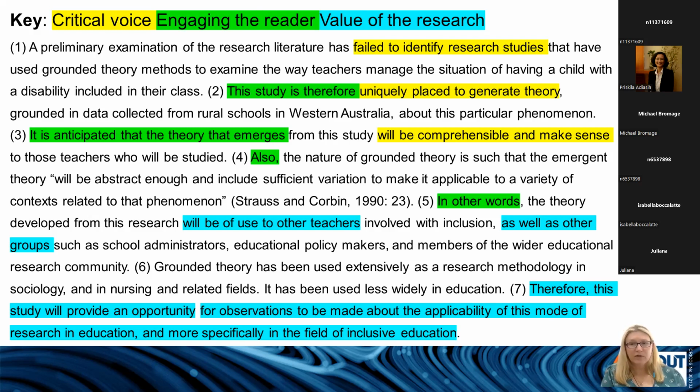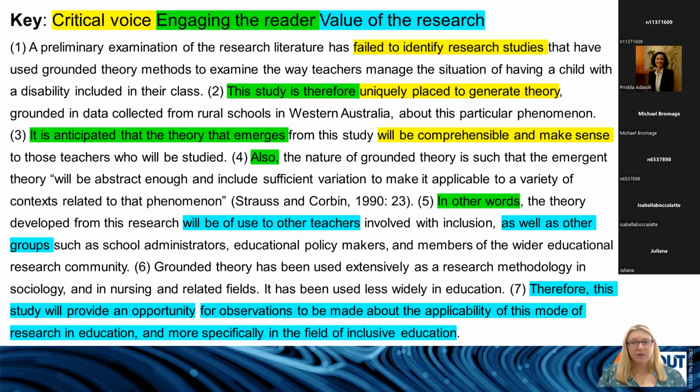What about the value of the research? So use to other teachers, other groups, and then that last sentence. So there's applicability to using this style of research, meaning grounded theory, and in the field of inclusive education.